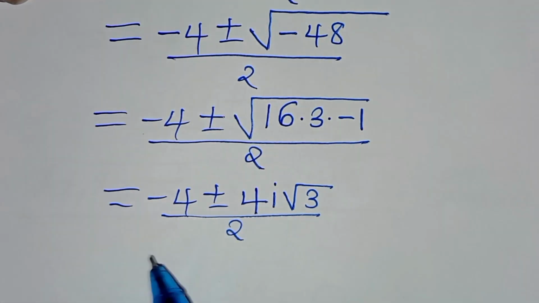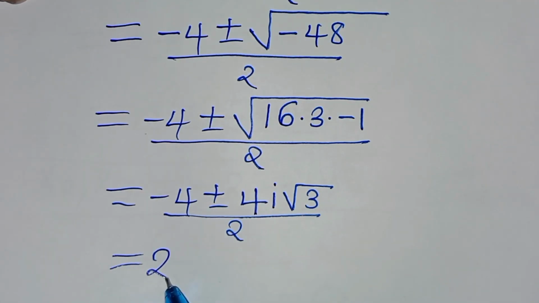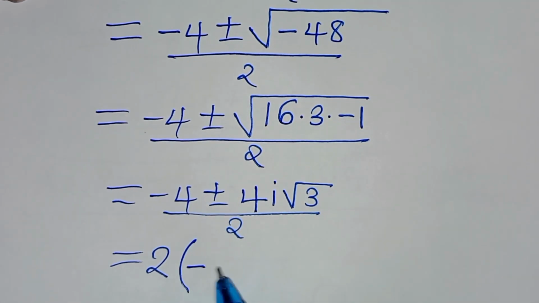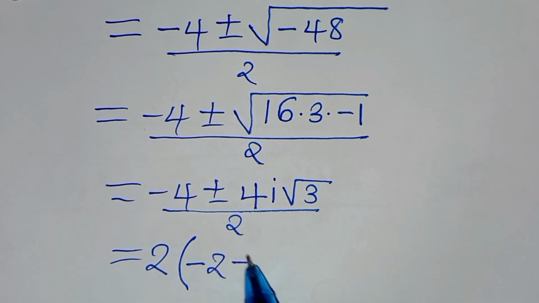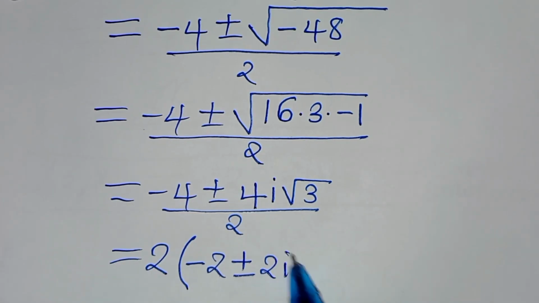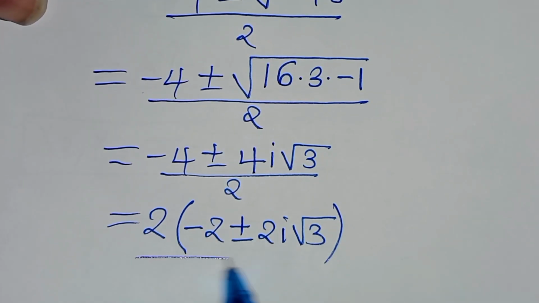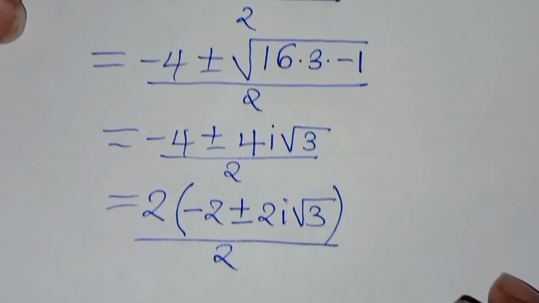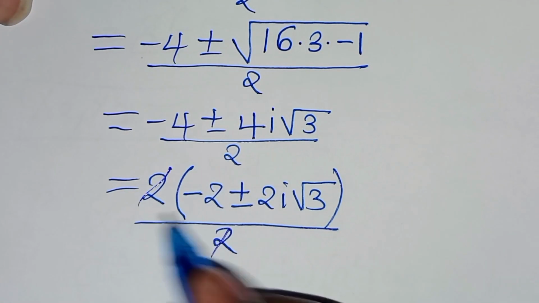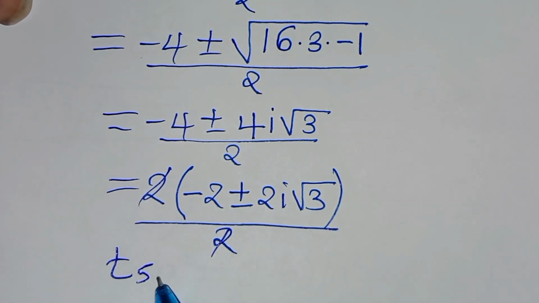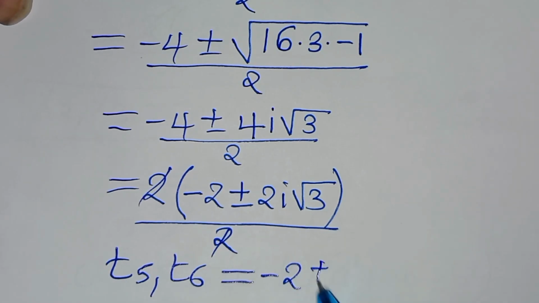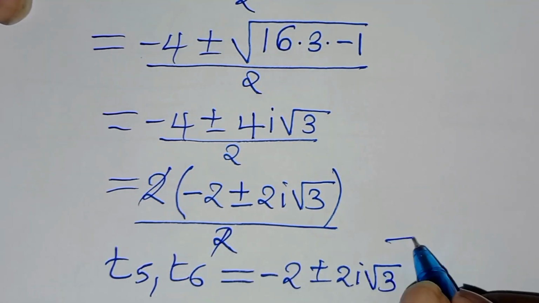So from here, we can factor out 2. So we have 2 into the parentheses, minus 2 plus or minus 2i square root of 3 divided by 2. So this implies t5, t6 is minus 2 plus or minus 2i square root of 3.